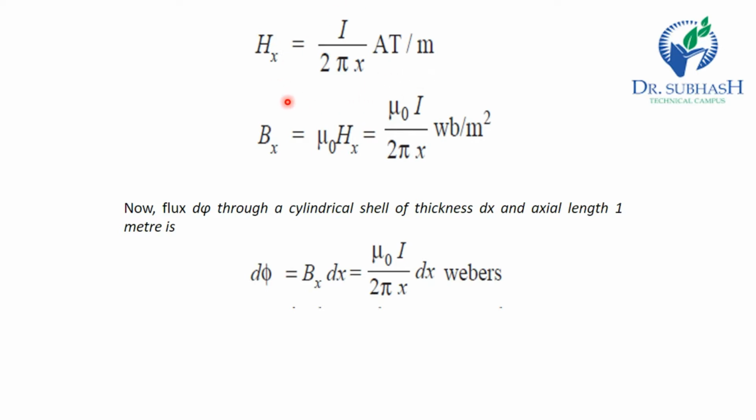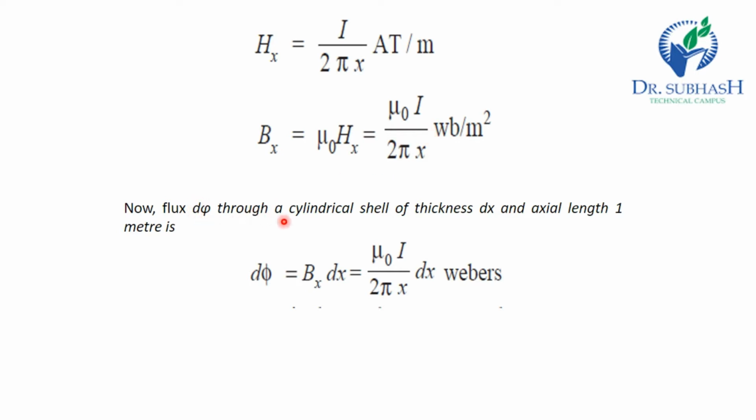Now find the flux density. We know that B is equal to μ0 H. So for a particular part x, Bx is equal to μ0 Hx. Putting the value of Hx, we have the equation μ0 I by 2πx Weber per meter square.